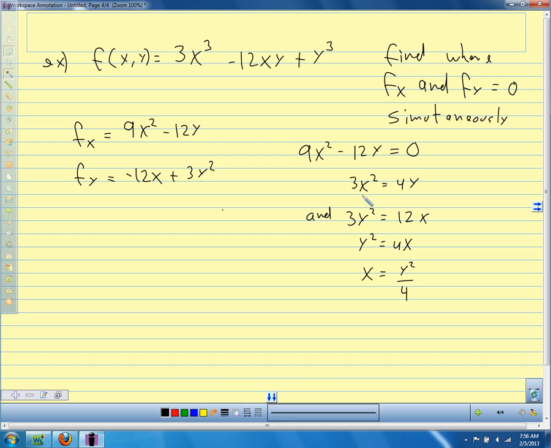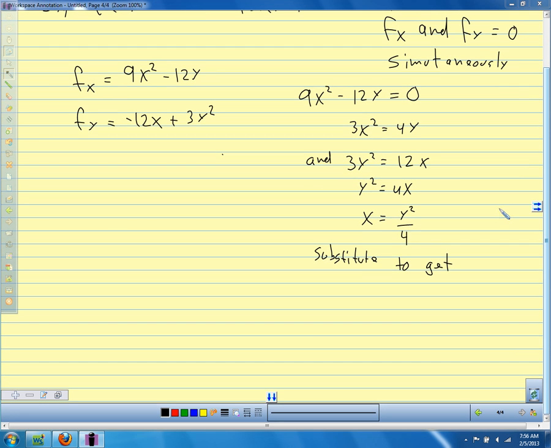Now I'm going to substitute back into this equation. Substituting for x in here, I get 3 times y squared over 4, squared, equals 4y.